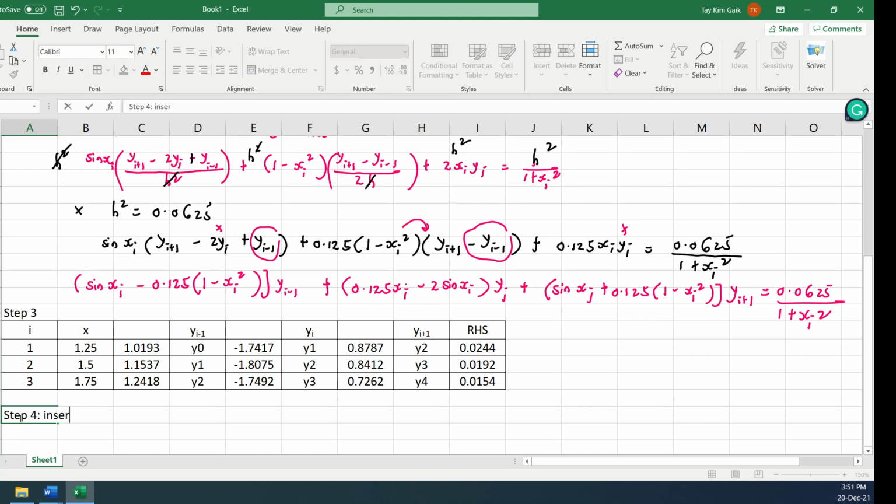Okay, you insert boundary conditions. Okay, you have the actually y not equal in the step 1.